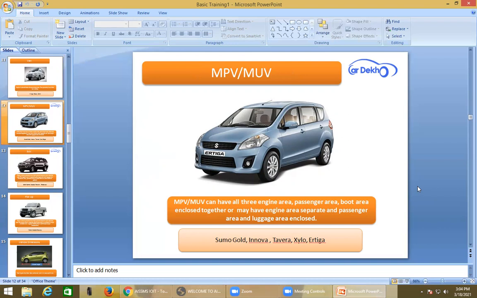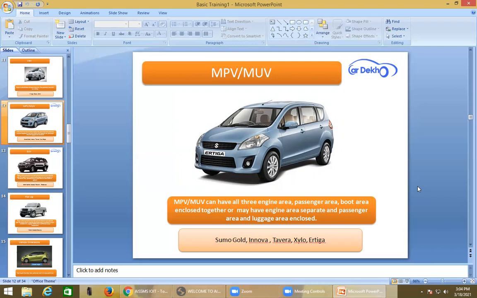Then multi-purpose vehicle or multi-utility vehicle. It is abbreviated as MPV or MUV. It can have all three, that is engine area, passenger area, and boot area enclosed together, or may have the engine area separate and the passenger area and the luggage area enclosed.